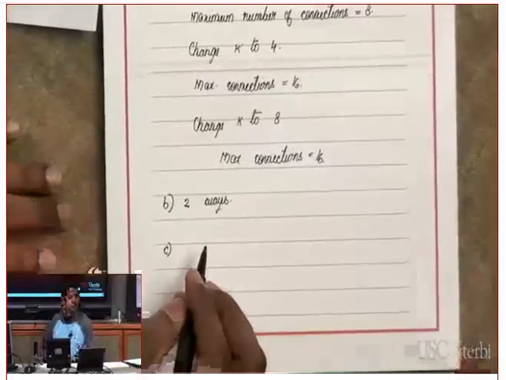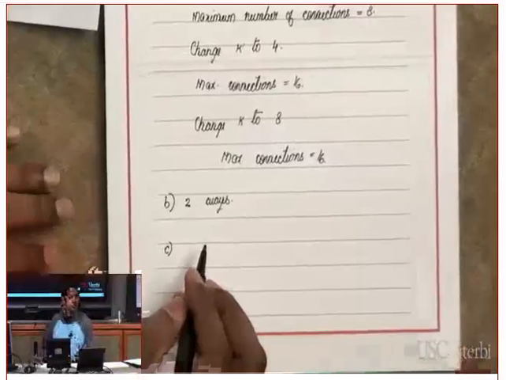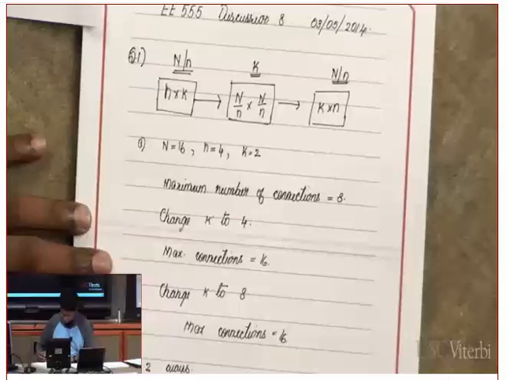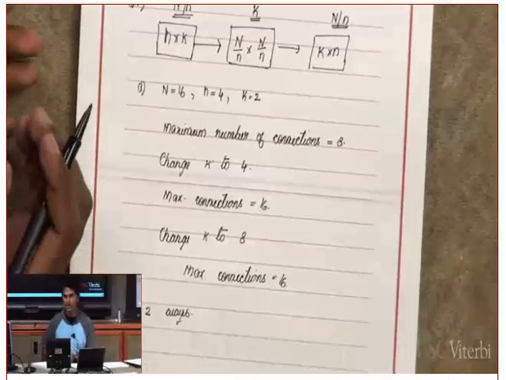So you multiply that by the number of cross points, plus we have an N/n cross N/n switch, and we have k of them. So you get k times (N/n) squared. And this is the formula for the number of cross points. So the rest of the question is just plugging in the values in this formula.